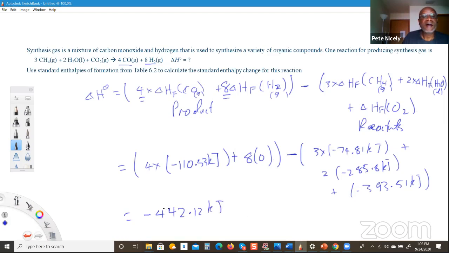And then that will be minus, on the reactant side, 3 times minus 74.81, and then I add to that 2 times minus 285.8, and then I add to that minus 393.51.